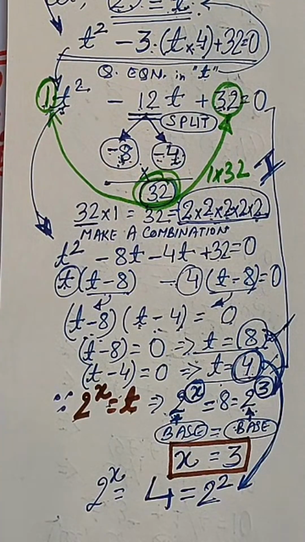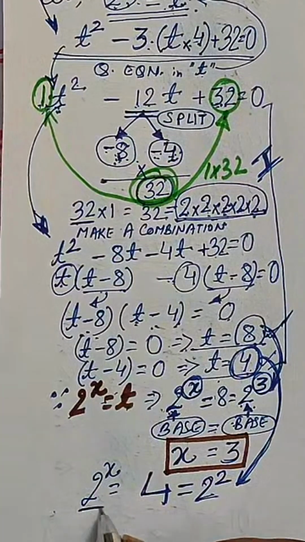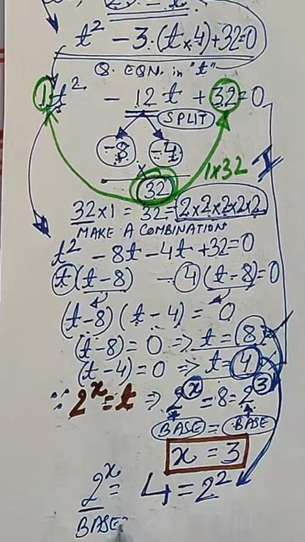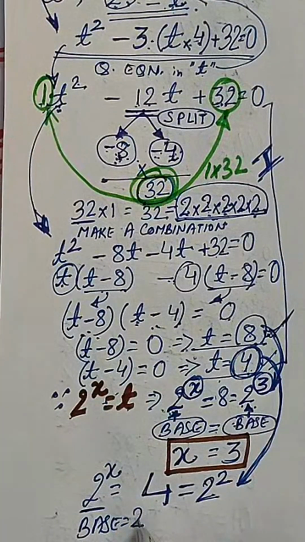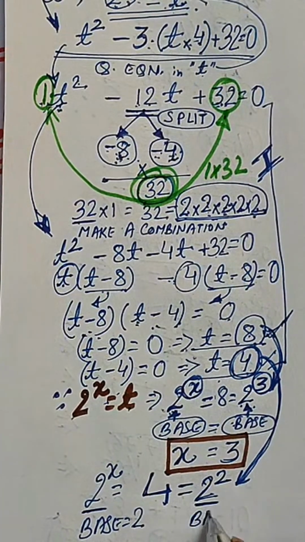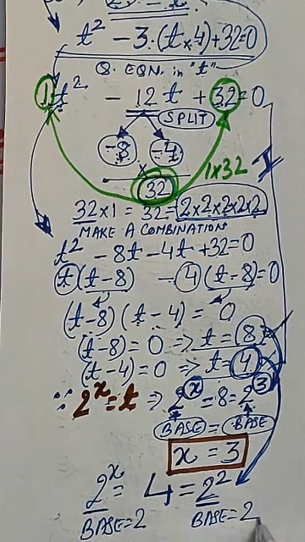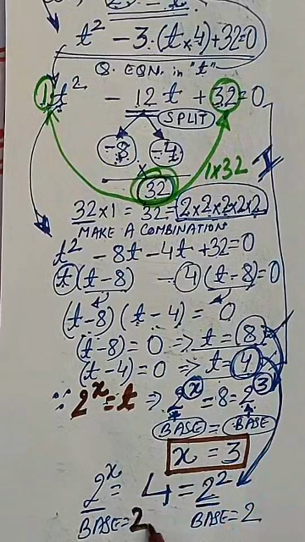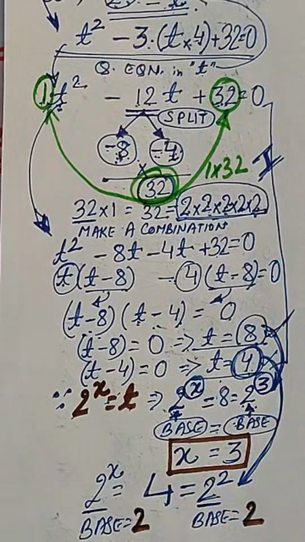This will give you some idea that yes, the bases are the same, and the base over here is 2, and here also into the RHS you can see the base is equal to 2, right? The base is 2 over here into the LHS and even into the RHS.